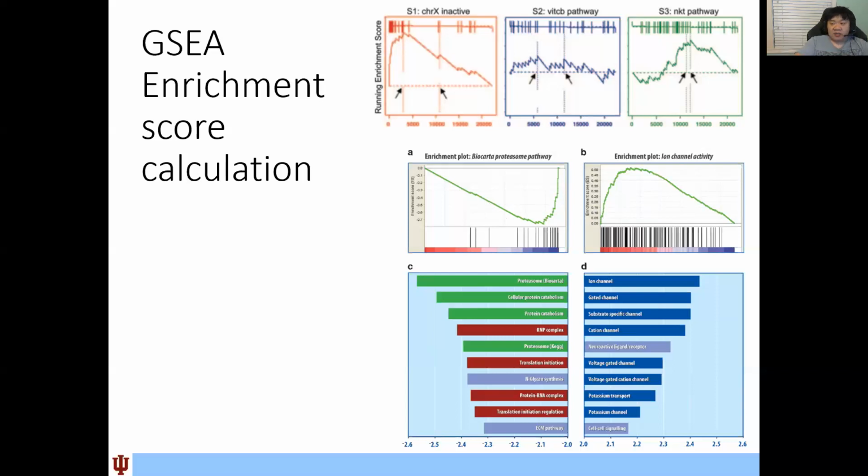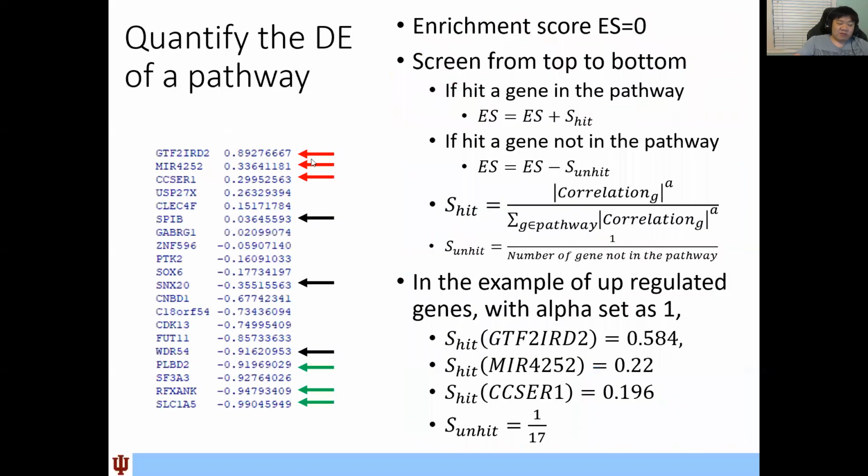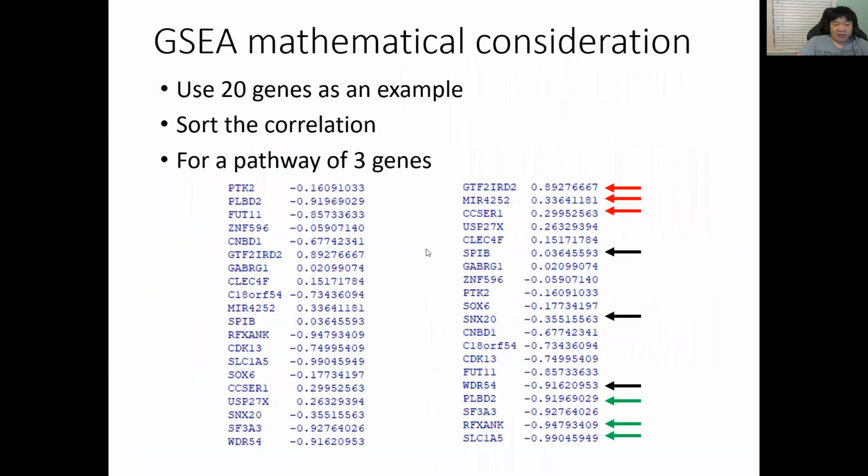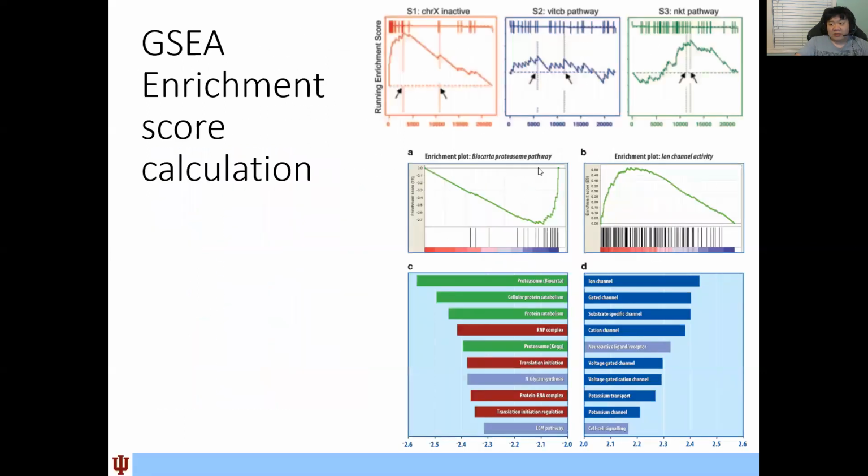GSEA basically uses a permutation-based test. Once you have a certain pathway, one way is to permute on the pathway side: randomly draw the same number of genes from the list, compute the ES score, and do it 1,000 times or 10,000 times.